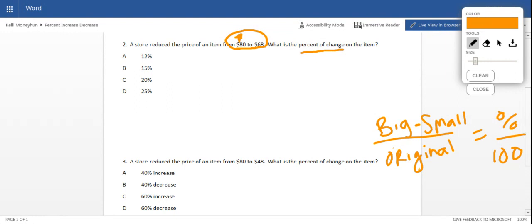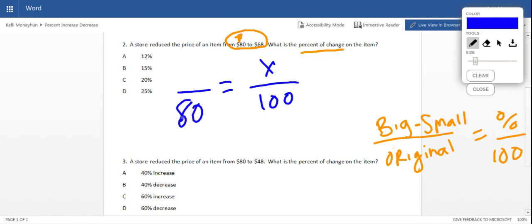Okay, so let's set it up for the information in our problem. Here's my proportion. I'm looking for the percent, so I do not know the percent. So in my percent spot is going to be my x, and my 100 always stays in the same spot. My original goes in the bottom left. I labeled my original 80 with that little star.